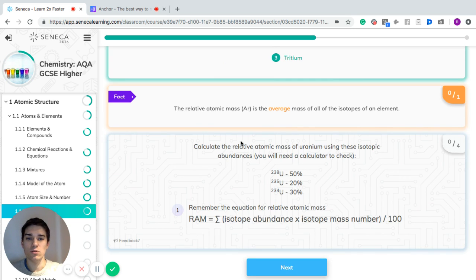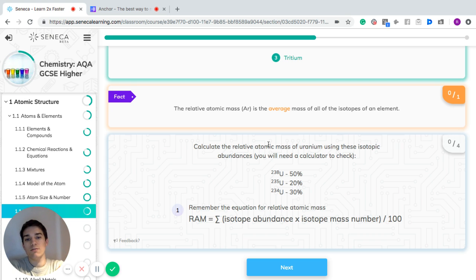So we look at another example of calculating the relative atomic mass of a number of isotopes. If we look at this element here, the element U comes in 3 different isotopes. One of them has a mass number of 238 with a 50% abundance. One has a mass number of 235, that's a 20% abundance. And one has a mass number of 234, and that's a 30% abundance.